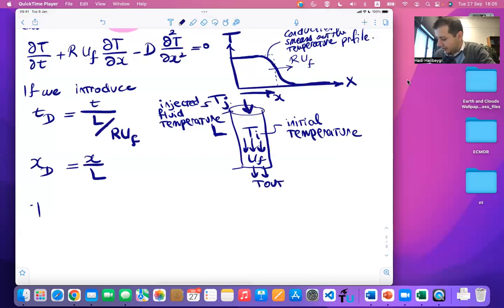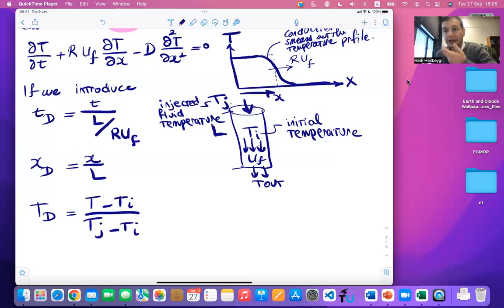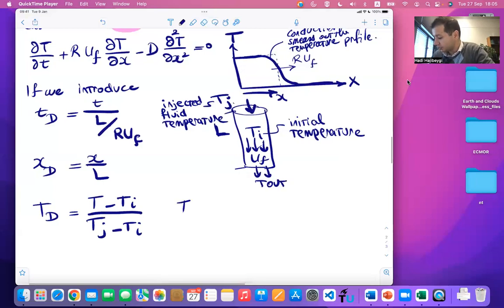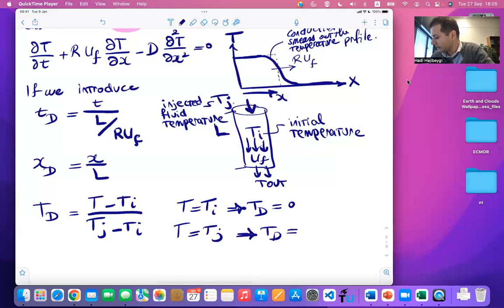Dimensionless temperature will be introduced as temperature minus the initial temperature, divided by the injection temperature minus the initial temperature. If I introduce the dimensionless temperature this way, when T is Ti, my dimensionless temperature will be 0. If T is Tj, my dimensionless temperature will be 1.